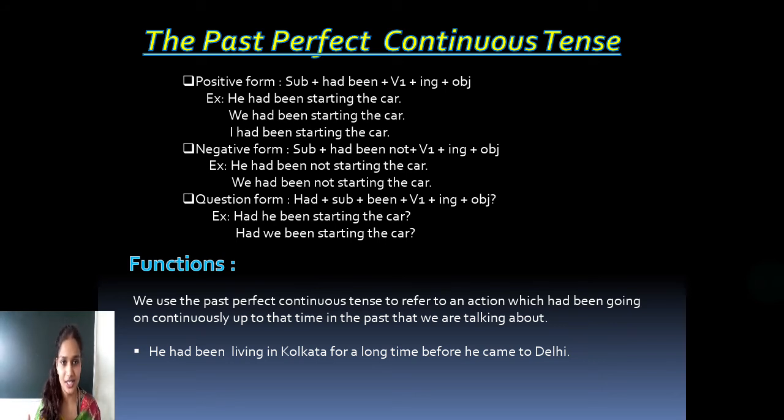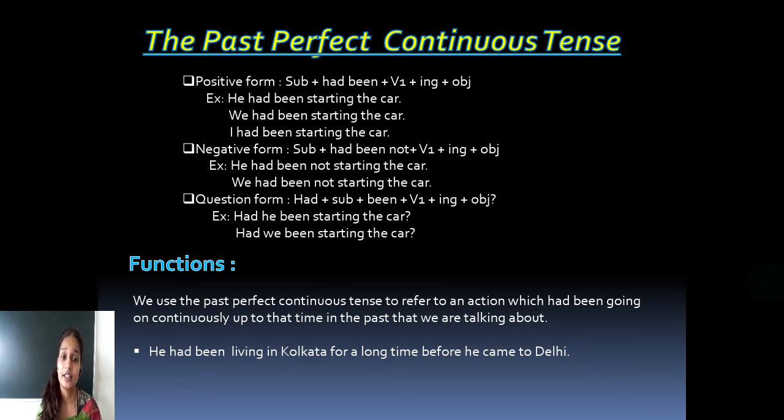He is the subject, had been is the auxiliary, starting is verb first form plus ing, the car is the object. We had been starting the car, I had been starting the car, with the same structure.